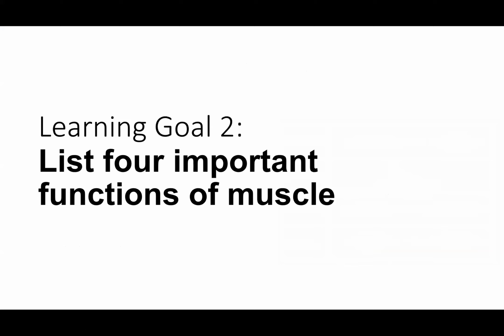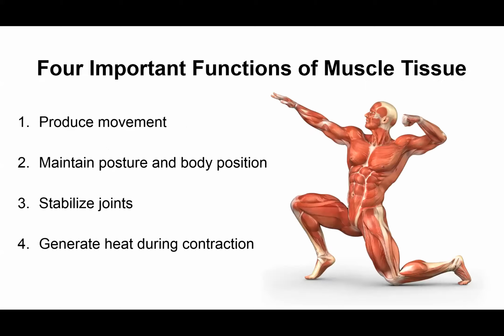Alright, so now we're going to talk about 4 important functions of muscle tissue. This is pretty straightforward. Muscle tissue is responsible for producing movement. Muscles allow us to maintain posture and also our body position.